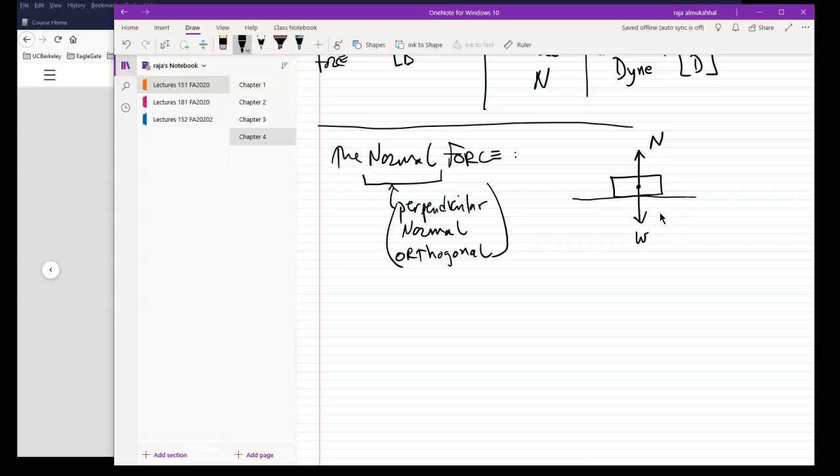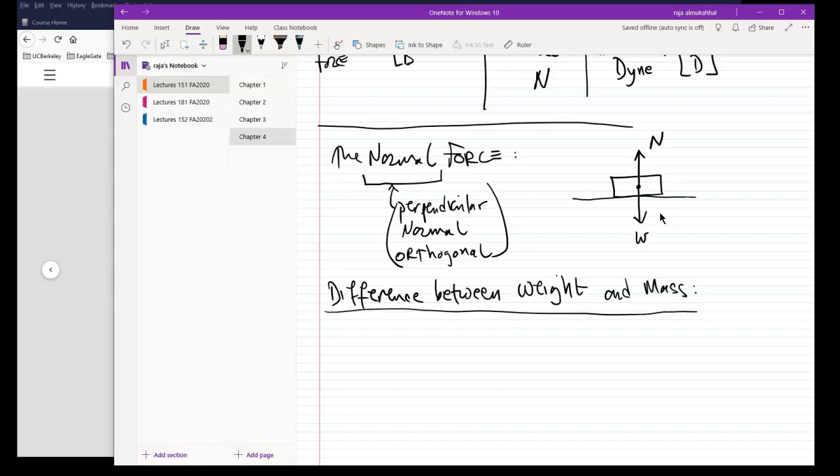Another thing is the difference between weight, say your weight, and your mass. See the two words, weight and mass? So what does that mean? Think of mass as what your chemistry or biology professor would tell you: it's a quantity of matter.